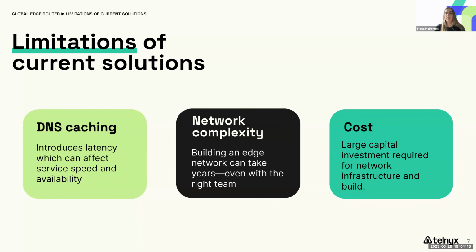There's also obviously network complexity. Building an edge network takes time, it takes expertise. Even when you have the right team in place, it's incredibly complex. And there's also a huge cost associated with A, getting the infrastructure in place, and then B, getting those people in place in the right places to build that network.